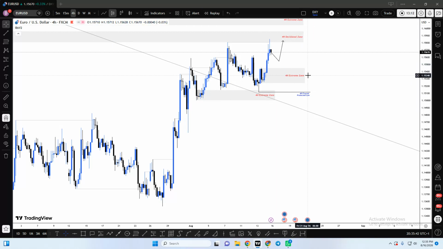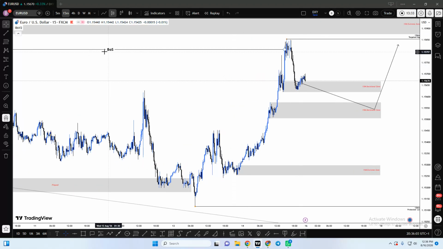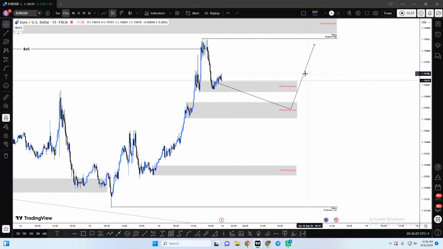Now we know the direction, so the next obvious question becomes, where are we getting involved? So any pullbacks into this 4 hours extreme zone should be sufficient enough, or should give us an opportunity to go long. Now let's look at the 15 minutes. Again, this is where we broke structure on the 15 minutes. Again, we're just refining these zones.